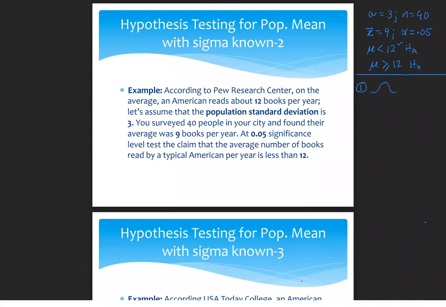So for us to be able to do hypothesis testing, we have to have a distribution that is bell-shaped or normal. And how do we ensure that? Anybody? How do I make sure of that?